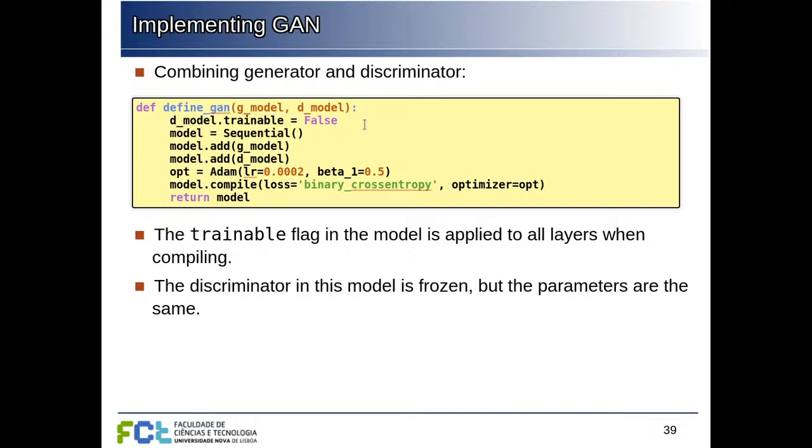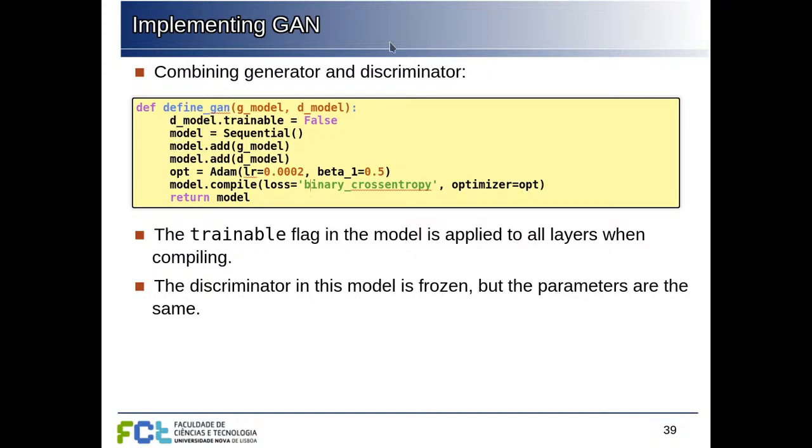This is something that you can do even after the model is compiled, and you can just flag each layer if you want to train it or not. But if you are going to compile a model, you can just set the flag for the whole model to false, and when it compiles, it sets all those layers as not trainable.